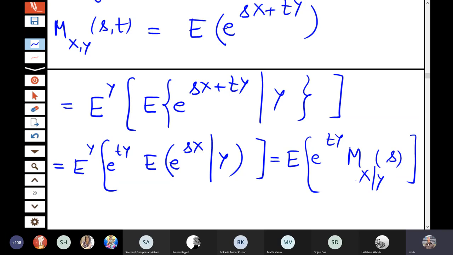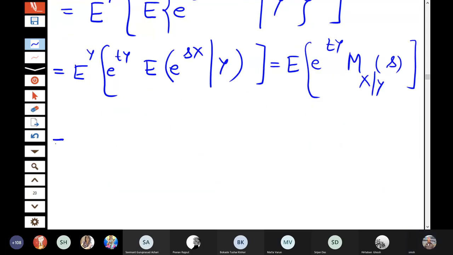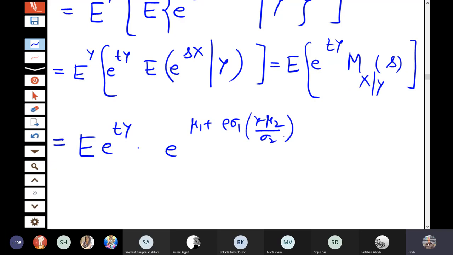So at the point s, the MGF will be e to the power mu s plus half sigma square s square, where mu is the mean and sigma square is the variance. So this will give me e to the power mu1 plus rho sigma 1 times y minus mu2 by sigma 2, into s, plus half sigma 1 square 1 minus rho square s square.